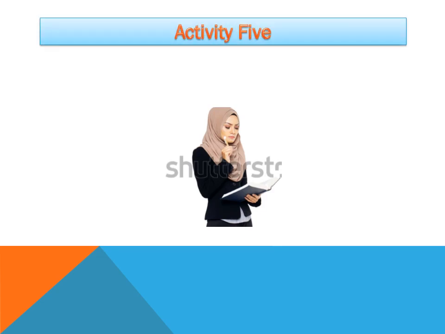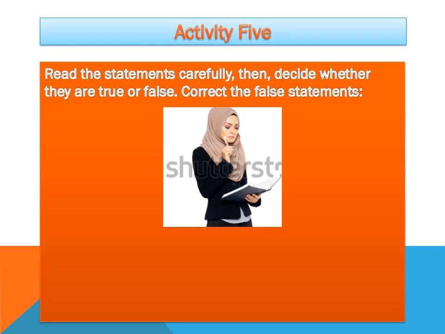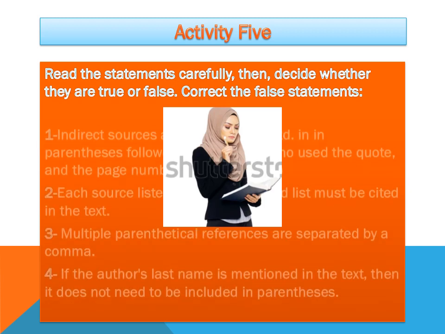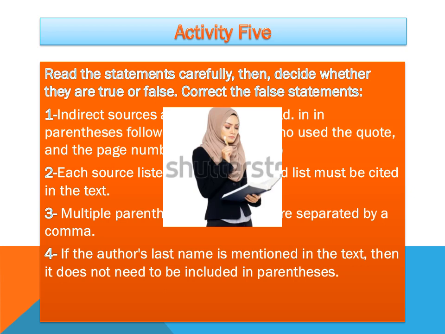Activity 5. You have to read these statements carefully, then decide whether they are true or false, and you have to correct the false statements. And all the statements are about in-text citation here.